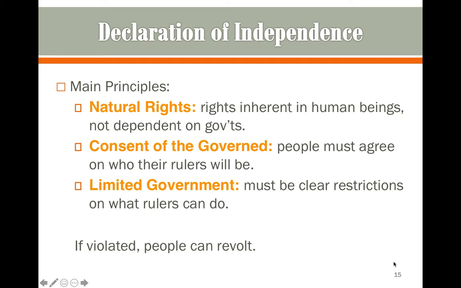Limited government must be clear restrictions on what rulers can do. And so, again, having that constitution that we'll get into later will dictate what are the powers of the government and what can the government do and what can the government not do. For example, the states have the power over driving laws, over alcohol laws, over marriage laws, over gun laws.